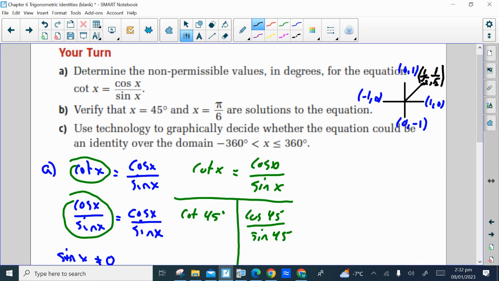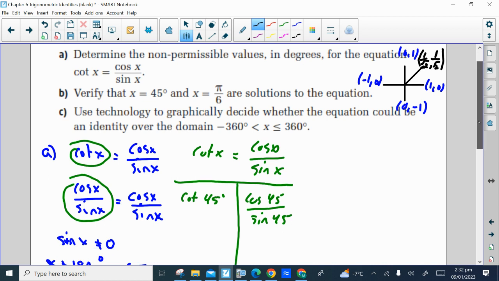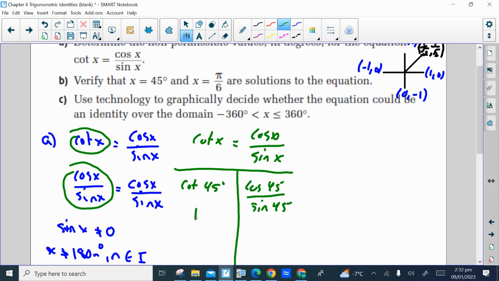And so the tangent was 1, therefore the cotangent would also be 1. And that's what the left side becomes. On the right side, it's the cosine of 45, which is 1 over root 2, divided by the sine of 45. You're dividing something by itself, so the answer is 1. We got the same thing on both sides when x was 45 degrees.